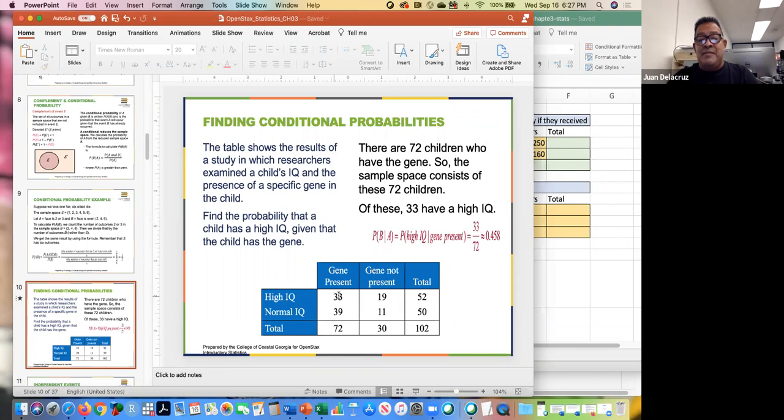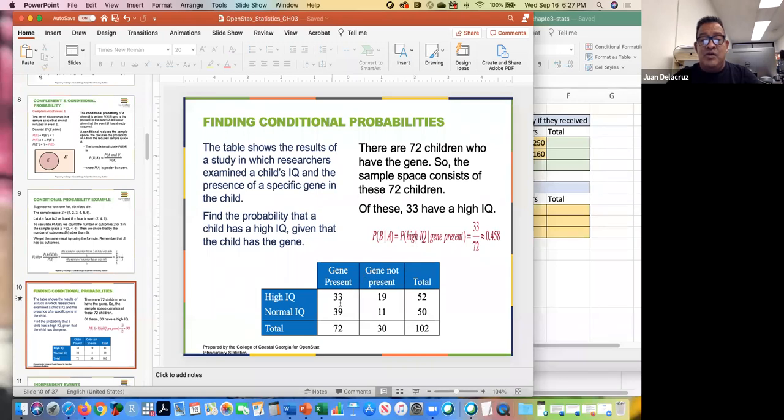And remember, in this case, we accounted for the presence of the gene, and B was the high IQ. So in this case, now the gene is what, so the child has the gene, given that the person has a high IQ.